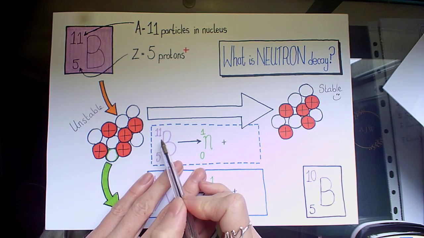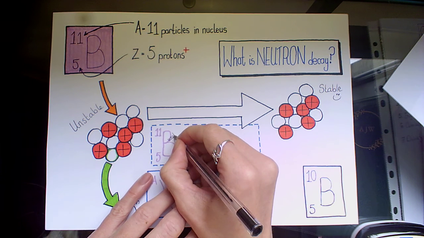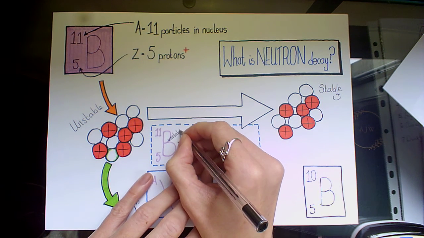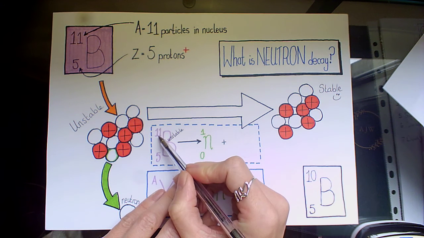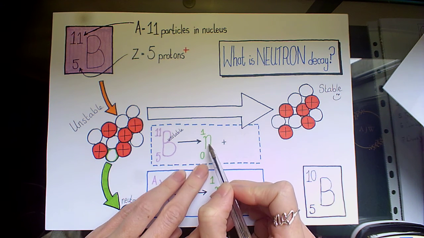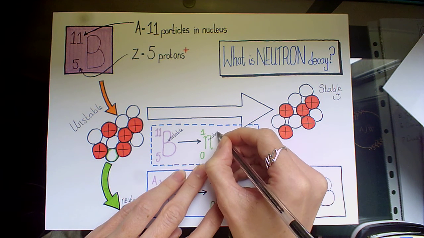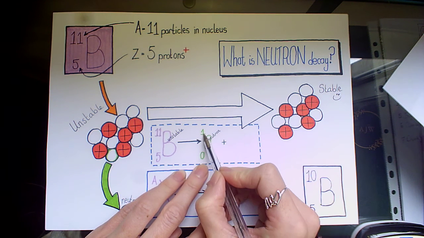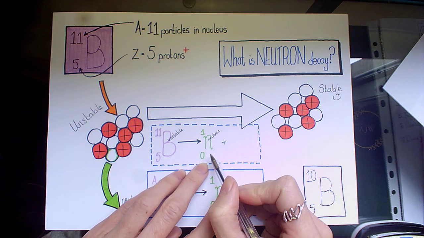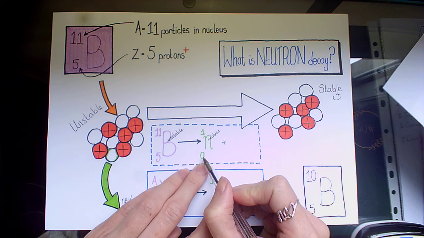So we can put that into equations. We started out with the unstable version. Unstable boron with 11 particles in the nucleus, 5 of them being protons. And a neutron is emitted. That's nice and easy to write too, because neutrons have a relative mass of 1, but they don't have any charge. They're neutral, no charge. So 0 down at the bottom.